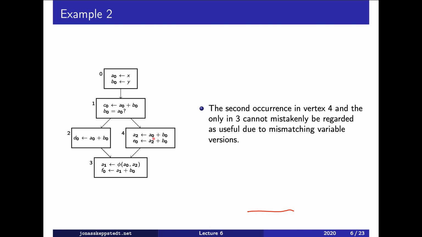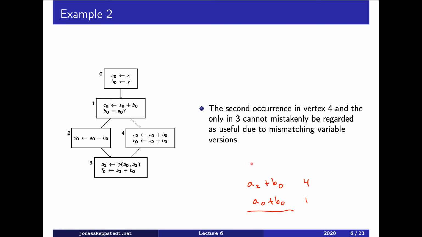Okay, so again, we push A0 plus B0, and we find it there in exactly the same way, of course. Then when we come to the second add here, we see that it's a different version of the operands, so it will look like this, A0 plus B0 from vertex 1, and then we will push A2 plus B0 in vertex 4.